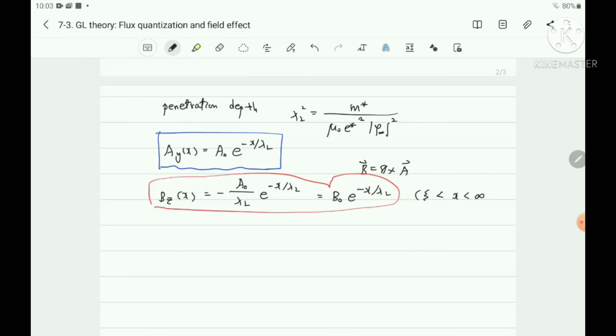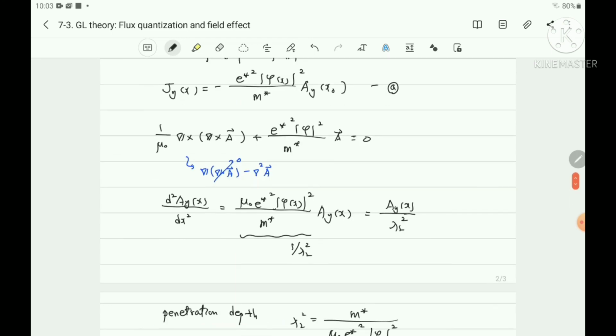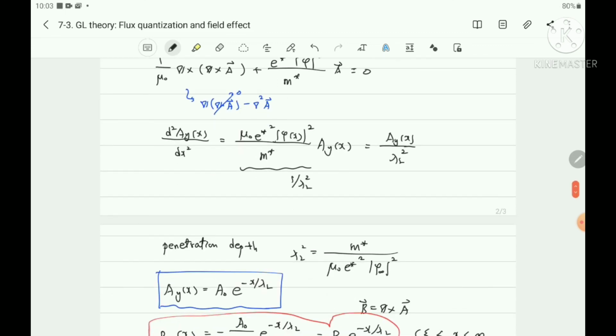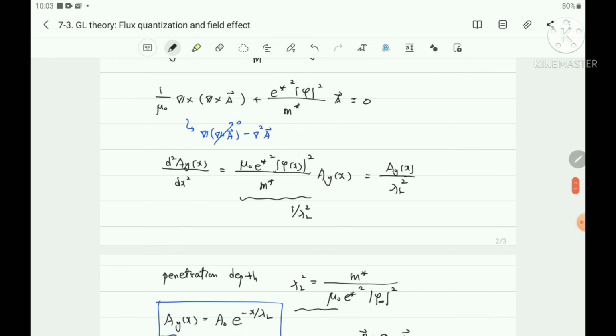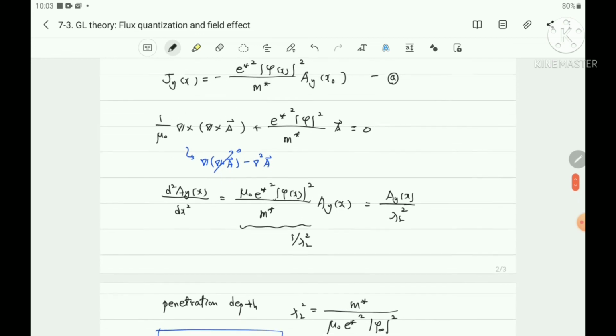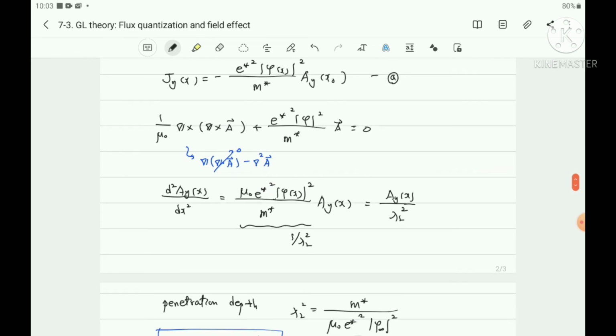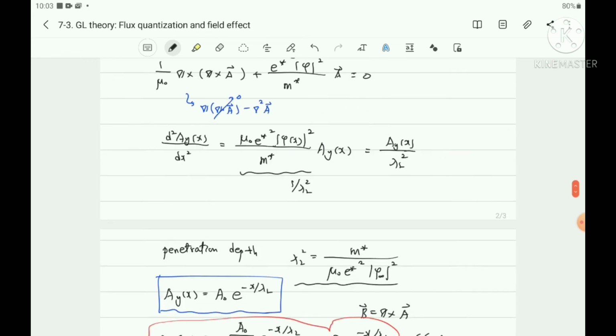We can think about the critical current, and we know from equation A, because we define the penetration depth, that e star square phi square over m star is mu zero lambda L square.